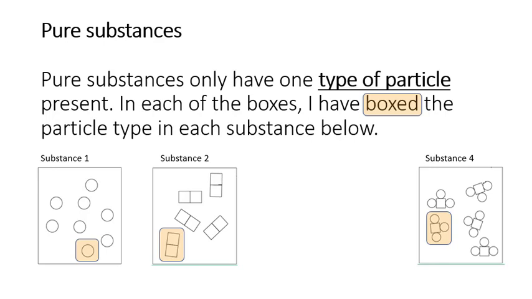In each of the boxes, I have boxed the particle type in each substance below. In substance 1, all of the particles are a blank circle. In substance 2, all of the particles are 2 squares stuck together. In substance 4, all of the particles are 3 circles stuck to a square.